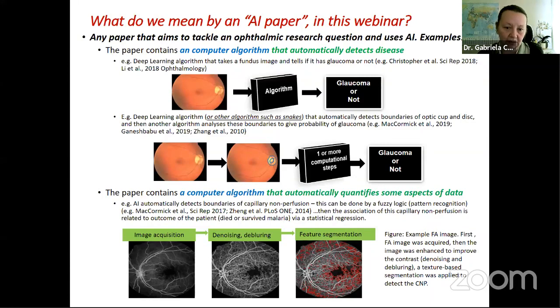Of course, we made the assumption that if the image appears black, that's the area where the vessels are not there anymore, the capillaries are not there anymore, and we are making the assumption that there is a non-perfusion. And then we can quantify, we can then say, okay, how many pixels are there that are capillary non-perfused, and are they mainly happening in the temporal area, or in the superior area, etc.